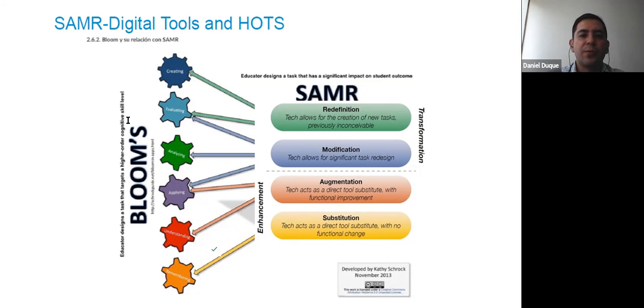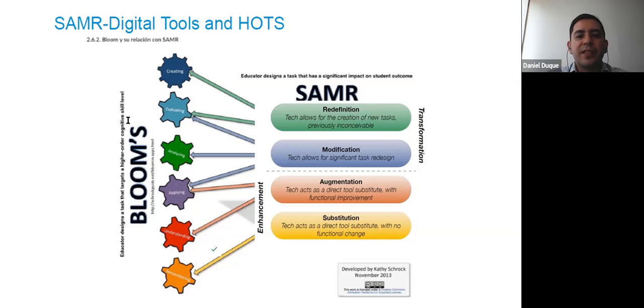So in the image that we have in the slide, we can see a more visual representation of the four categories and how they are connected to each one of the Bloom's taxonomy levels. However, there is an important warning. Using technology in the classroom just for the sake of using technology may not provide the learning benefits that as teachers we might desire.